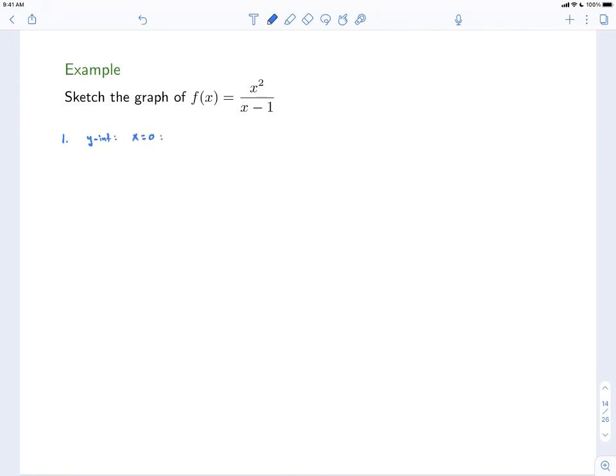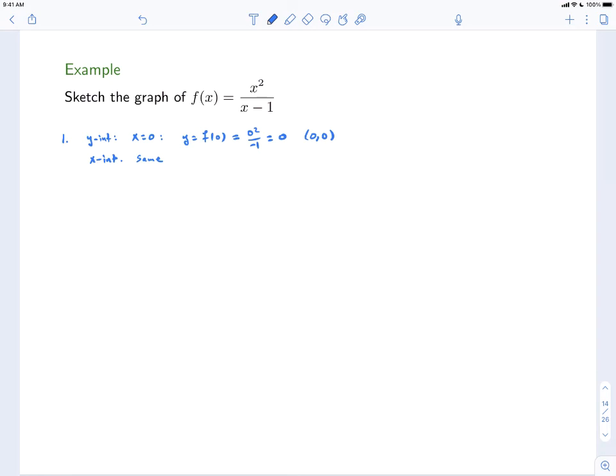And of course, in that case, y is equal to f at 0. That's just going to be 0 squared over 0 minus 1, which is just 0. So our y-intercept is (0, 0). And that's also the x-intercept. So that's the same.